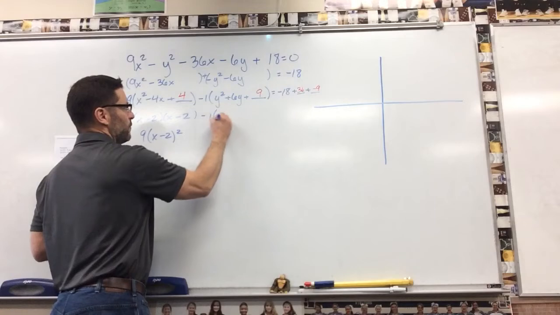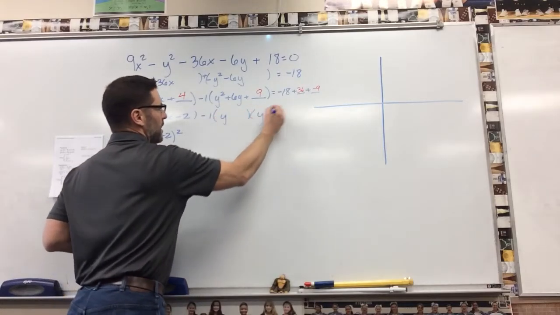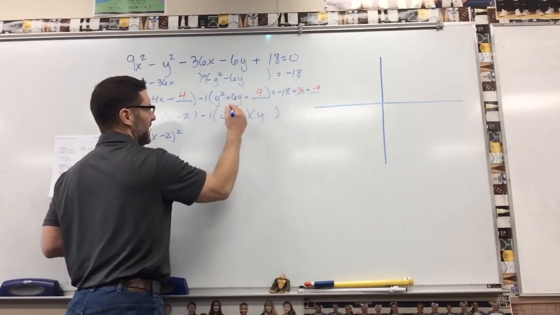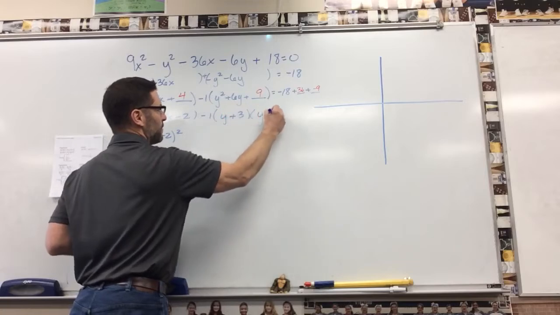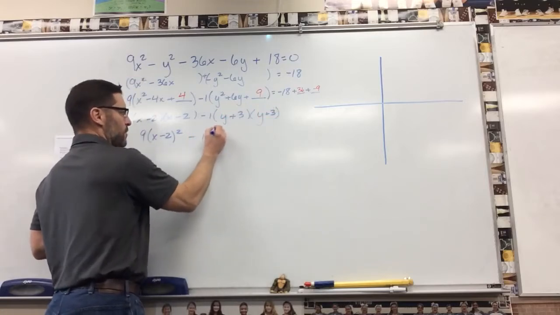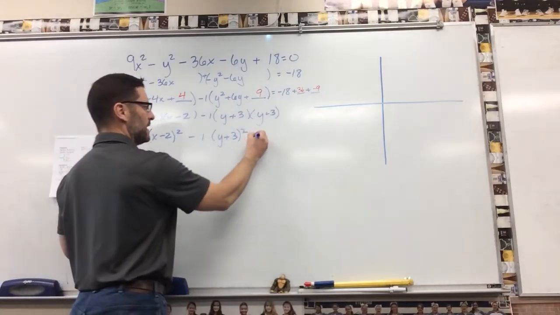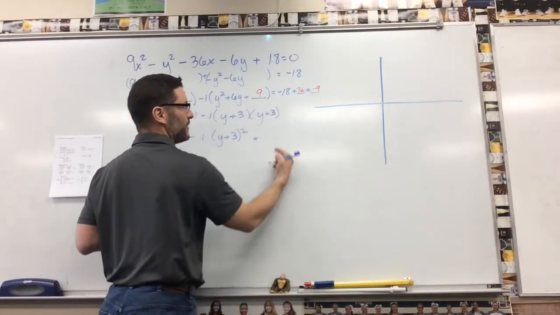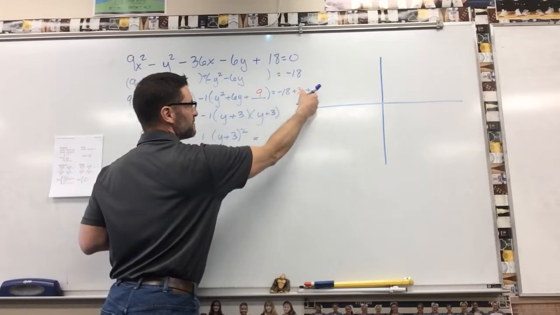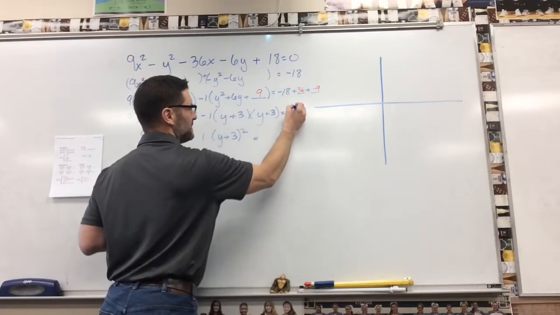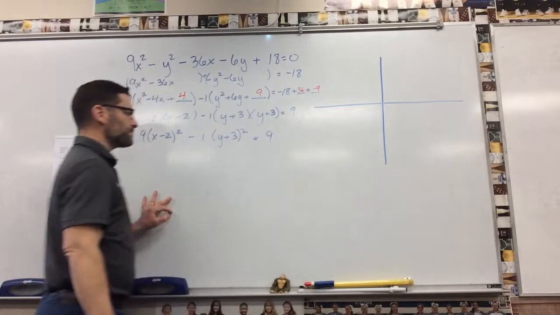Likewise over here, negative 1, y, and factors of 9 that add to 6 are 3 and 3. Negative 1, y plus 3, quantity squared, equals, doing the math over here, negative 18 plus 36 minus 9 is positive 9. So I'll put a 9 there.